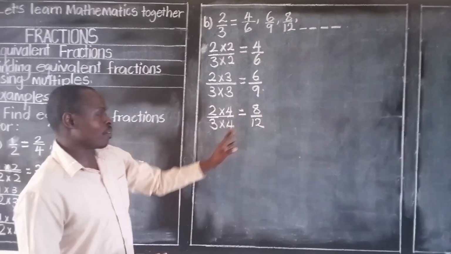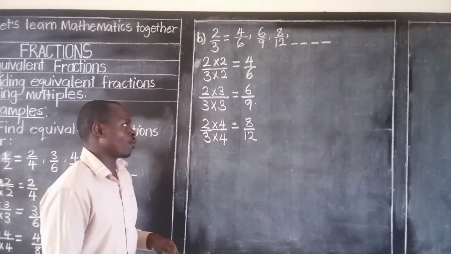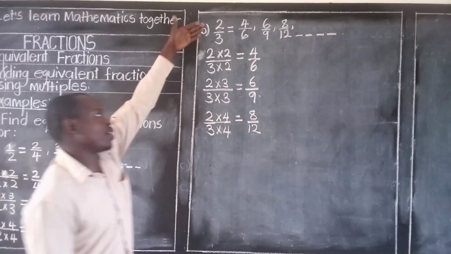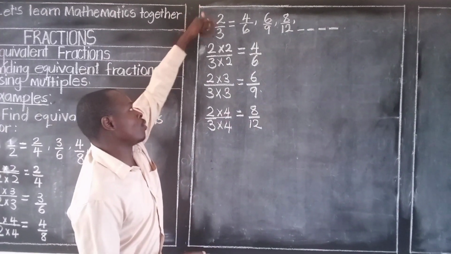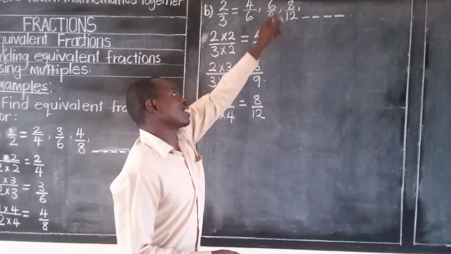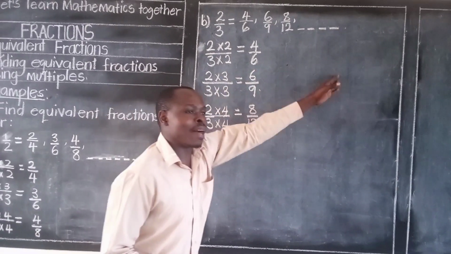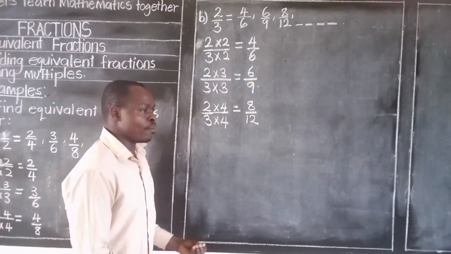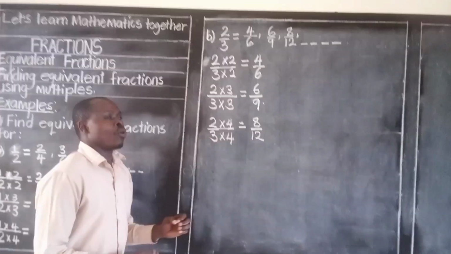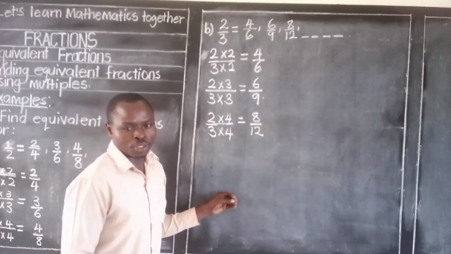Therefore, the next equivalent fraction to 2 out of 3 is 8 out of 12, and we can list them. That means that the equivalent fractions to 2 out of 3 are 4 out of 6, 6 out of 9, 8 out of 12, and many others as you can multiply them one at a time. So, this is how we get the equivalent fractions using the knowledge of multiples.